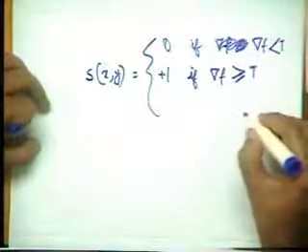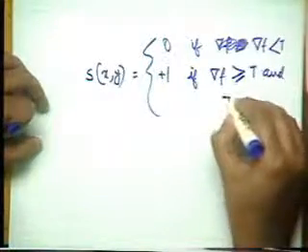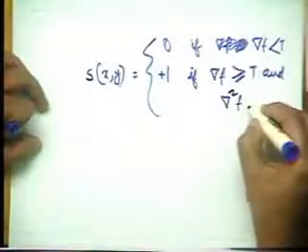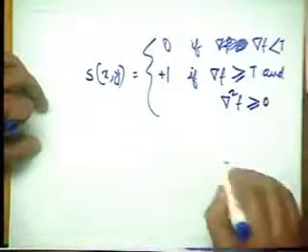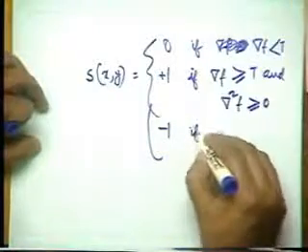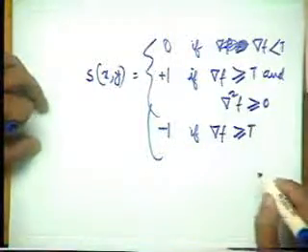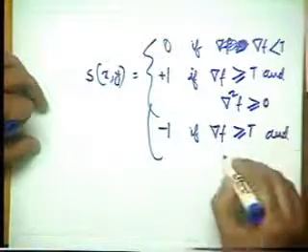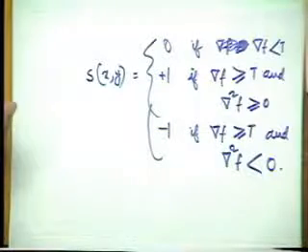That means it's a high gradient pixel, and if del square f, that is to say the Laplacian, is greater than or equal to 0, and we have Sxy value equal to -1 if del f exceeds the threshold t, and you have del square f less than 0.